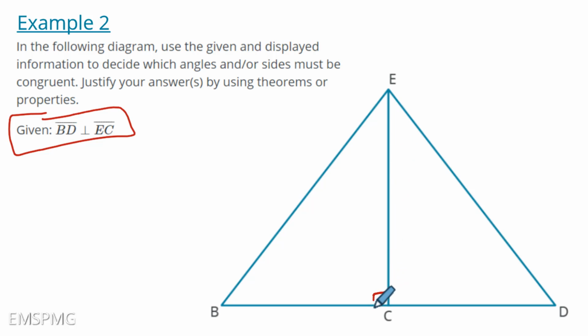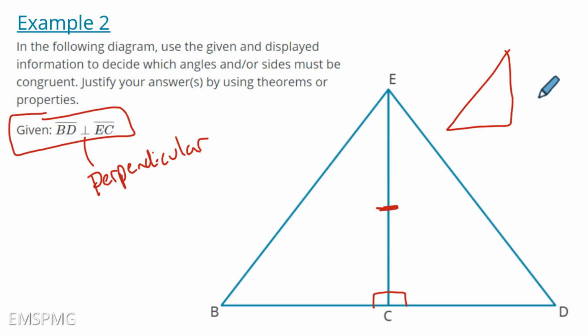So we know that this angle is 90 and this angle is 90 as well, because that is perpendicular. All right, and do we have any other information? No, so we know these two are equal, and we know that these two triangles share this side. So according to the reflexive property, EC equals EC.